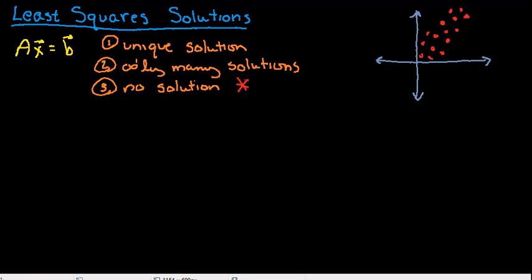Suppose we have a bunch of data points here. We've gone out into the real world. We've collected data. And what we want to do is fit a linear model to this data. And if we put a line through the data, there is no linear model that's going to drive through every point.